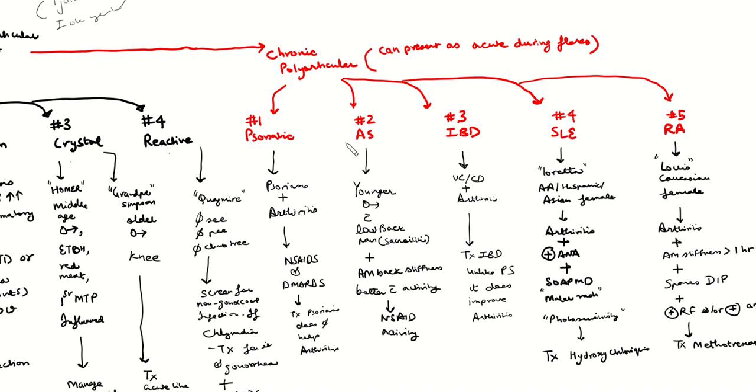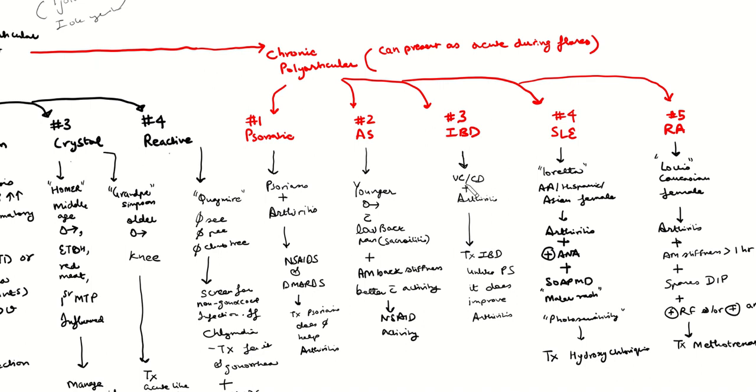You can have ankylosing spondylitis, a younger male with low back pain or sacroiliitis, AM back stiffness, which gets better with activity. They're trying to see if you understand ankylosing spondylitis. Okay. Third one is inflammatory bowel disease.